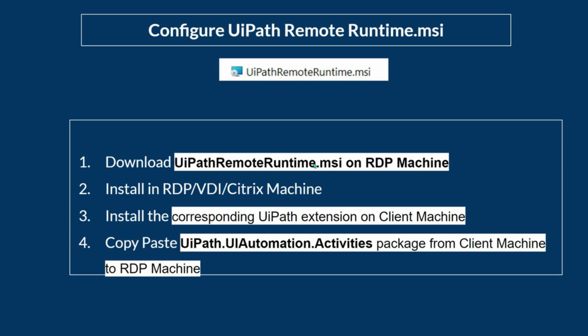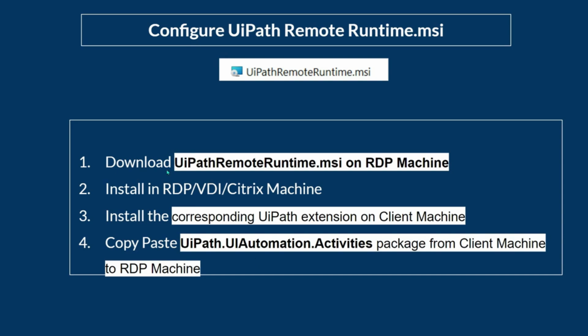I'll show you from where you can download. Second, install in RDP VDI. After download, you have to install that MSI file. I will show you. Third, install the corresponding UiPath extension on client machine. This step also I'm going to show you. Fourth, copy paste UiPath automation activities package from client machine. This is also I'm going to show you.